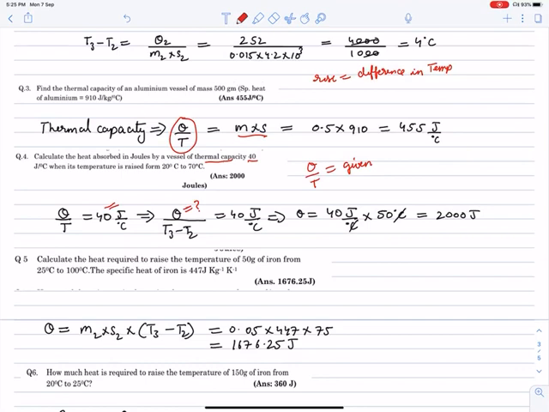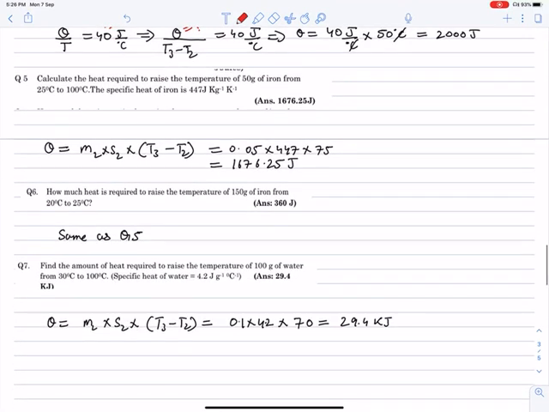Now it is given as Q is equal to M2 into S2 into T3 minus T2. So M2 is given, S2 is given, T3 minus T2 is given. It is very easy. You put the numbers and get the answer, that is 1676.25 joules.